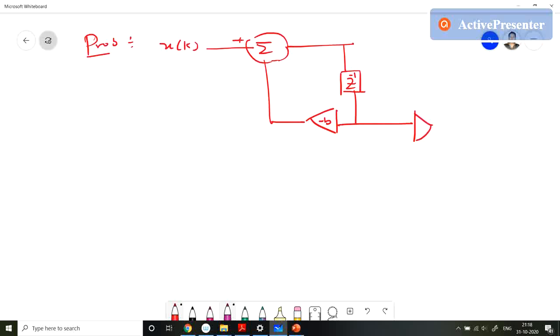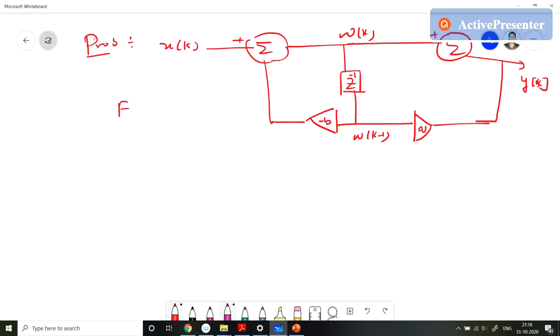Then we have a scalar multiplier, and then we have a summer. This is the output y(k), and a part of the output is fed back. So this is w(k), and this is w(k minus 1).